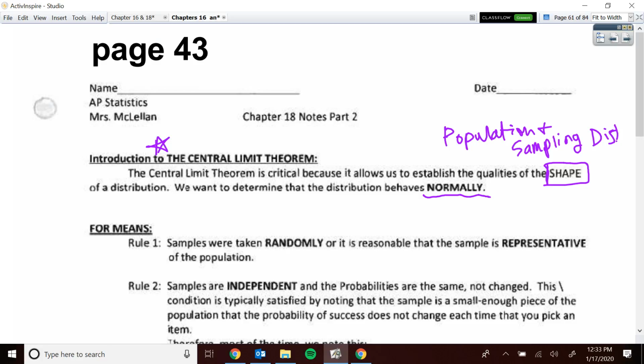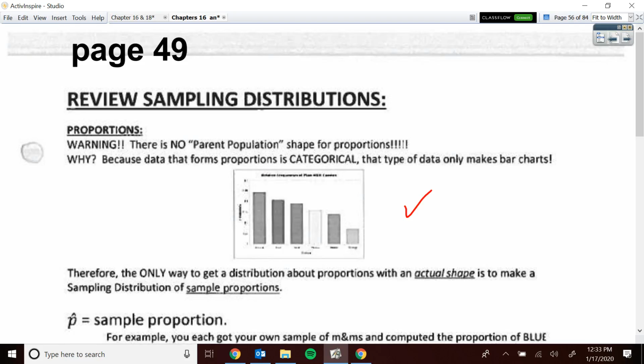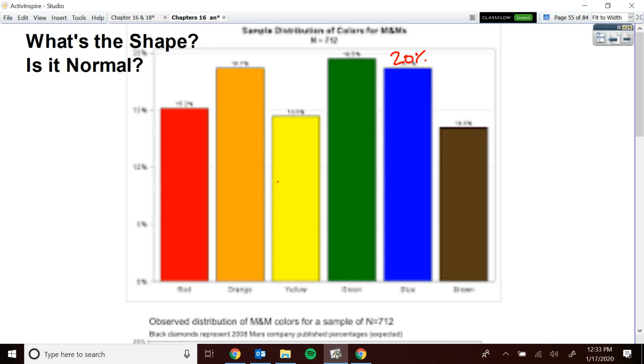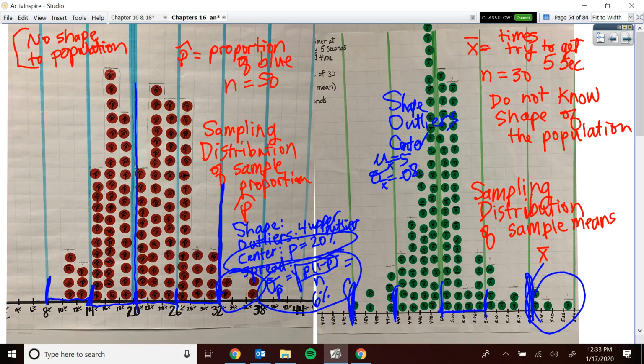It's meant for your x bars only, because the x bars have a population shape. Remember what we discussed at the beginning of the lesson? Your X bars, right over here on the right, have a population shape. We just may not know it.